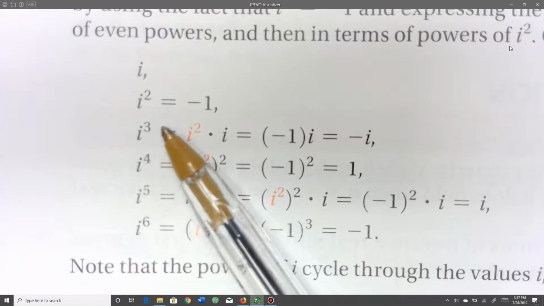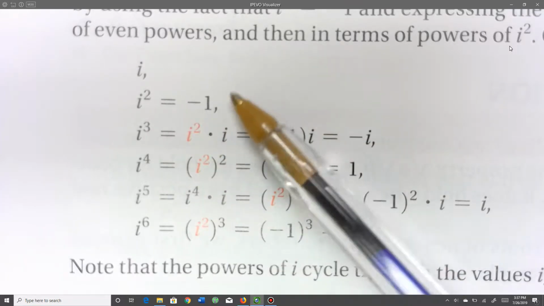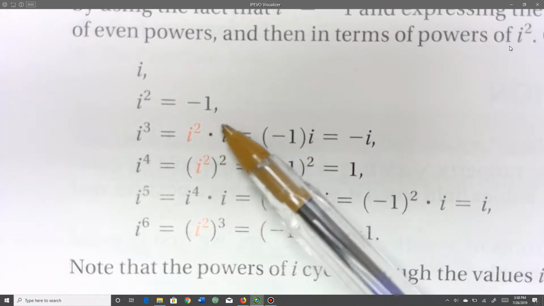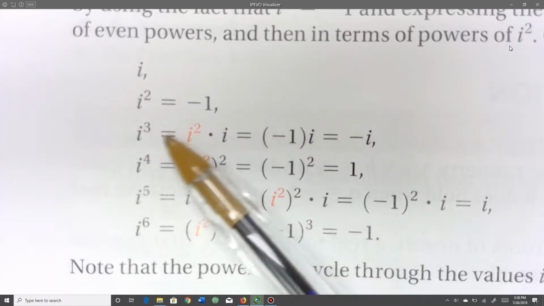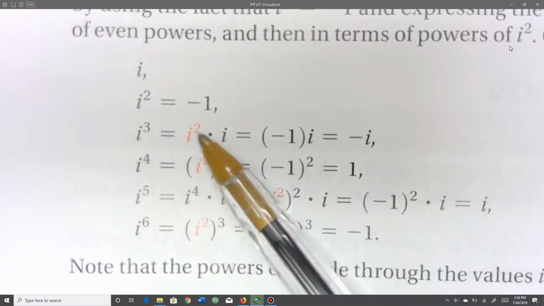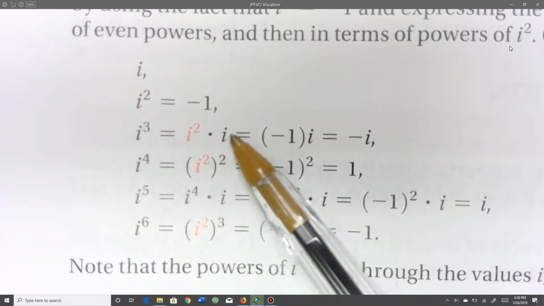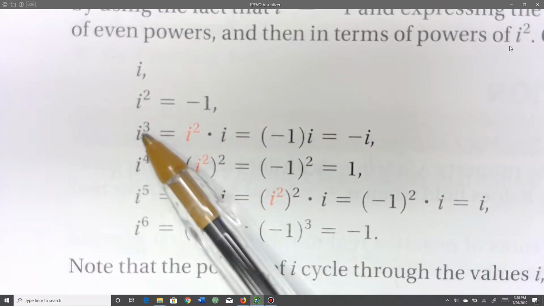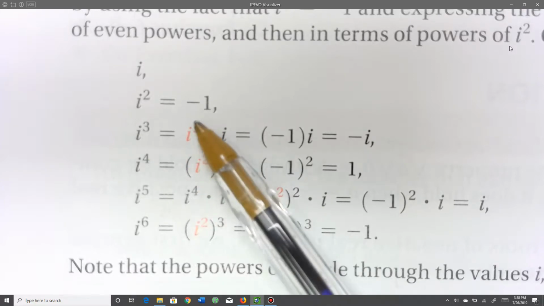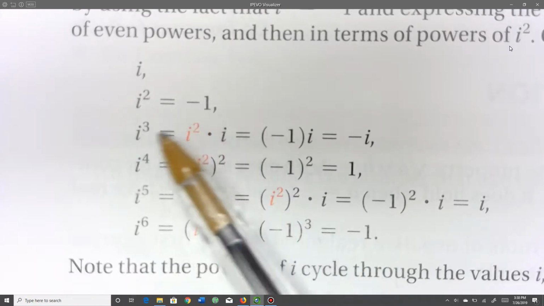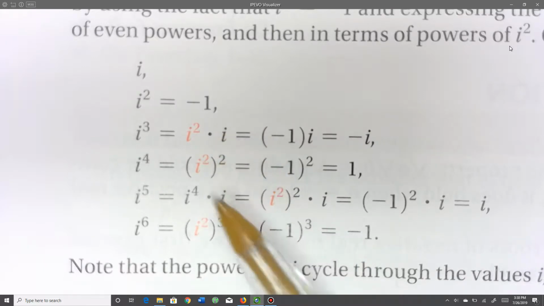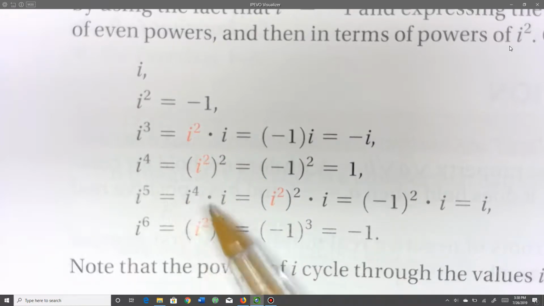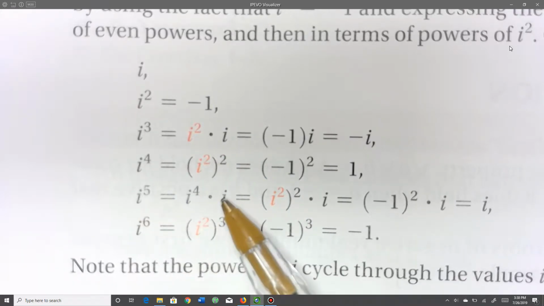Whenever you have odd values, though, it's a little bit different. Well, the exponent thing still applies. However, you end up with an i because you want to factor an i out of the i cubed, because you want even exponents, okay? So you're always going to end up with a residue of 1i whenever you have odd exponents, okay?